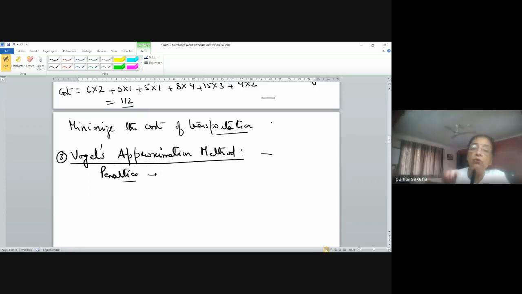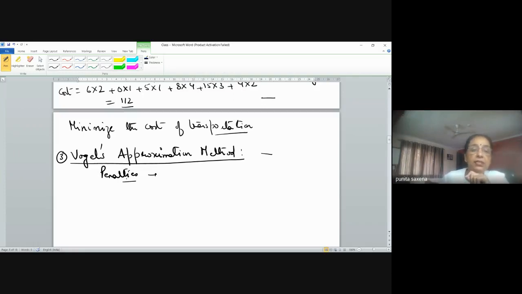Vogel's approximation in itself is a little more rigorous than least cost, but it gives you the best possible initial basic feasible solution. So much so that most of the times Vogel's is optimal. That means the solution obtained by Vogel's method is the optimal solution also. You need not improve it. We just check for optimality and then we can conclude that it's an optimal solution. So definitely this method is better.